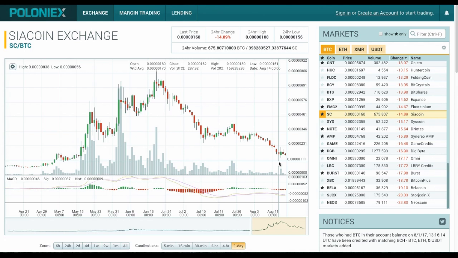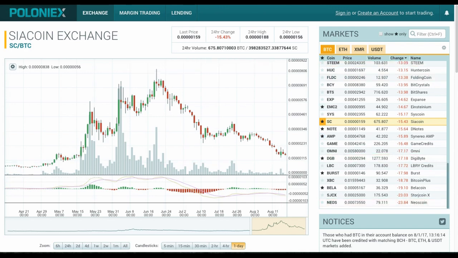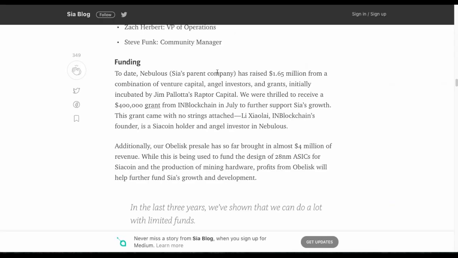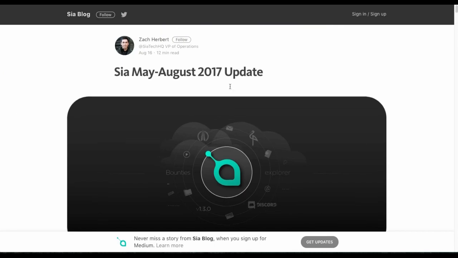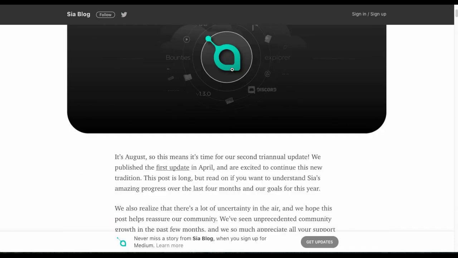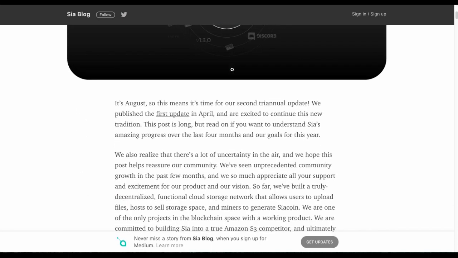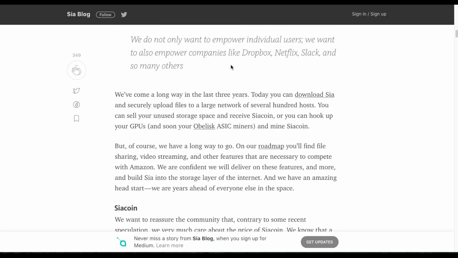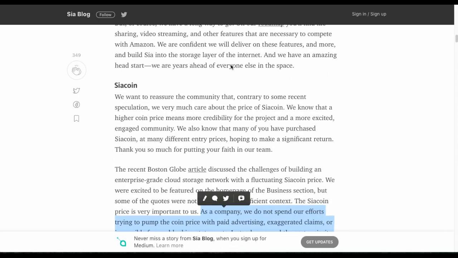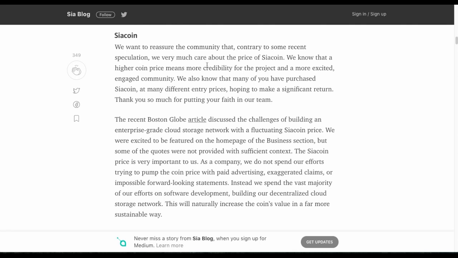Now, a lot of people were concerned about the Siacoin price. So a couple of days ago, Siacoin brought out this little May-August 2017 update, and I'll put a link to that in the info section and as the pinned comment. Very quickly, I won't go through all of it, but there were a couple of key points.